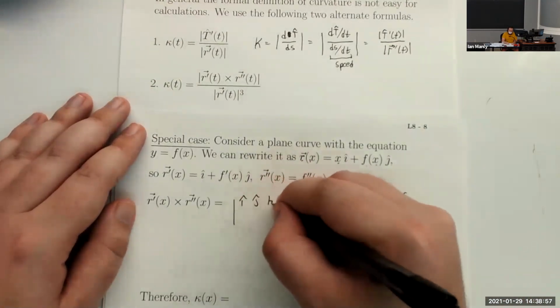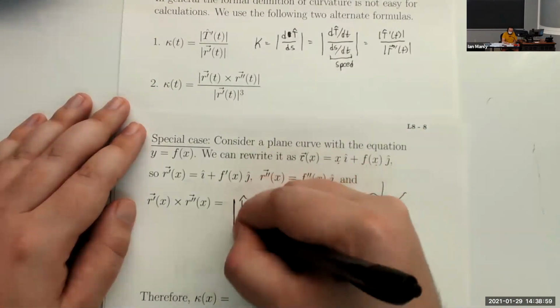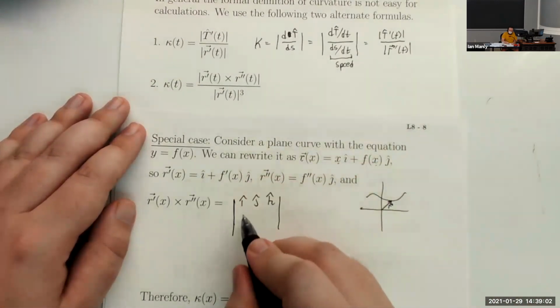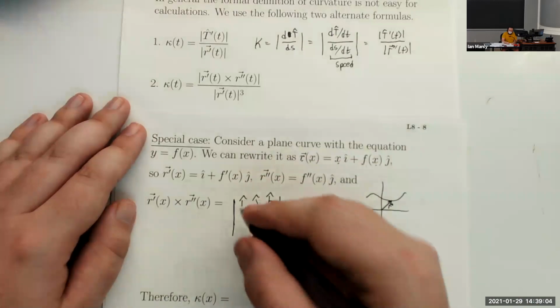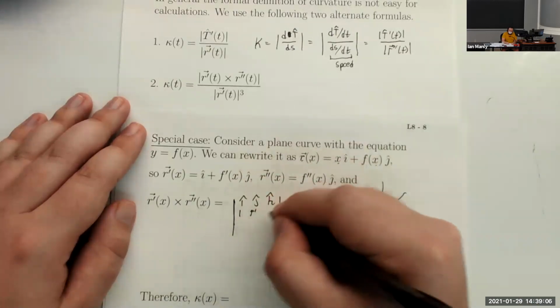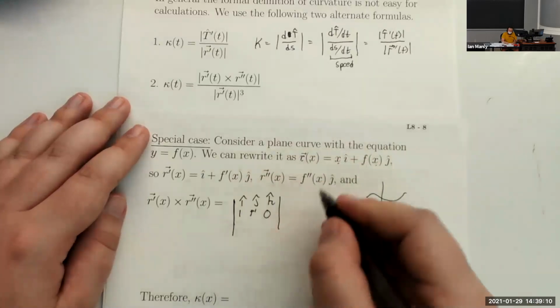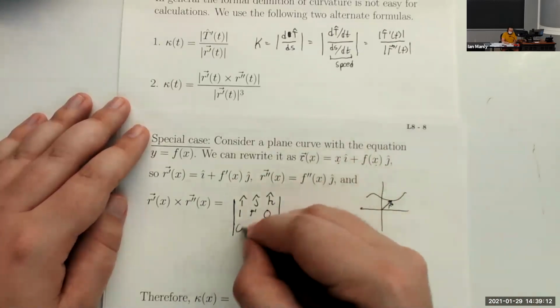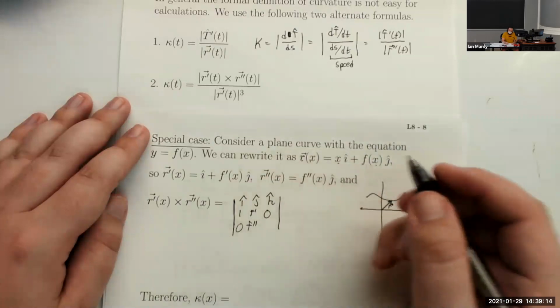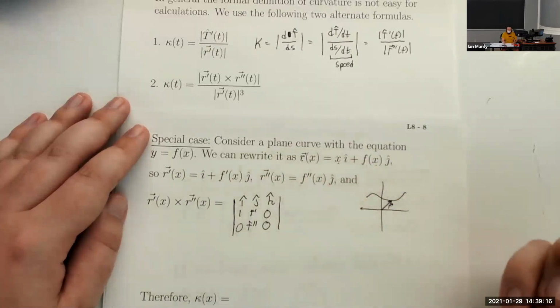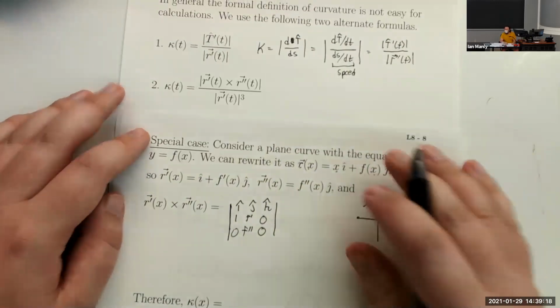Let's see, i, j, k. For r prime, the components are 1, f prime, and then 0. For r double prime, we don't even have an i component. We have f double prime there, and we have 0 because we don't have any third dimension at all.